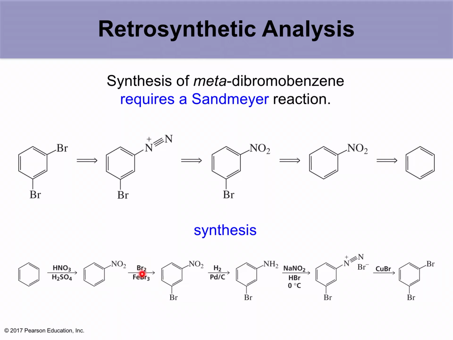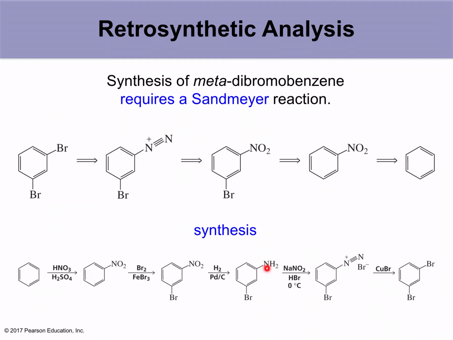And then you add a bromine with iron bromide. So nitro is a meta director, so the bromine will add on to the meta position to the nitro group. And then we can convert the nitro group to aniline or NH2 by using hydrogen, palladium, carbon.